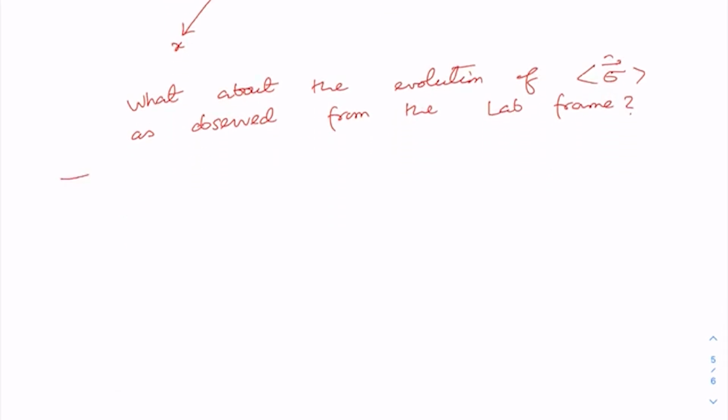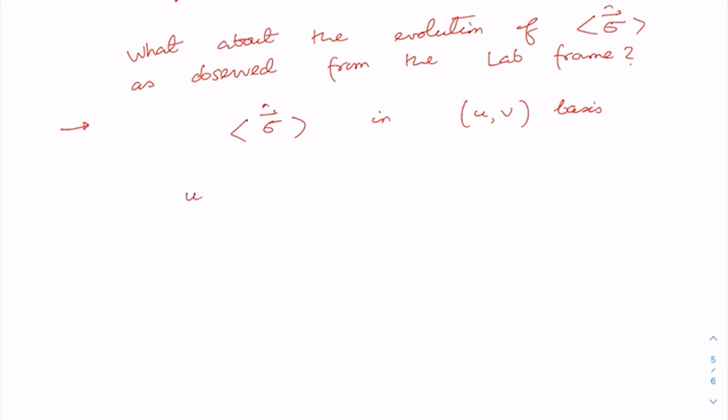Let us discuss this. It is not very difficult to understand what is going to happen. Basically we are going to find the expectation value of the Pauli vector in the UV basis, that is our original basis. Now we know that UV is related to our new components u tilde, v tilde by this equation, with e to the power minus i omega t by 2 and e to the power plus i omega t by 2.